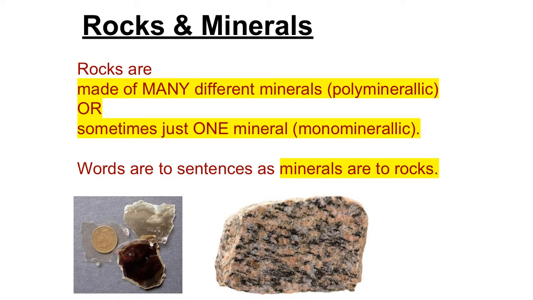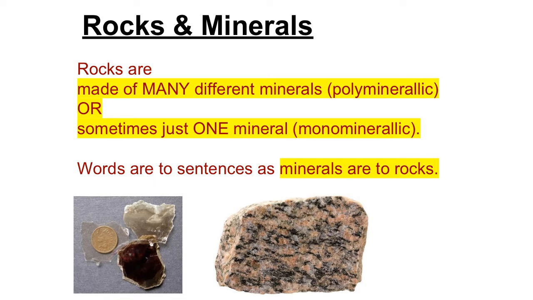We call those rocks monomineralic. And rocks made up of many different minerals are polymineralic. Anything that is highlighted, you should be writing on your input page, and anything that is not highlighted should already be there.